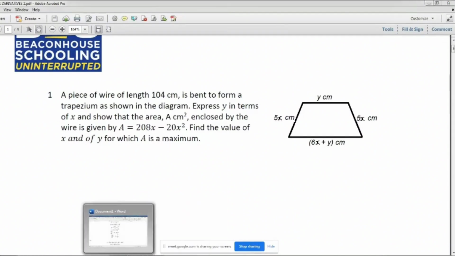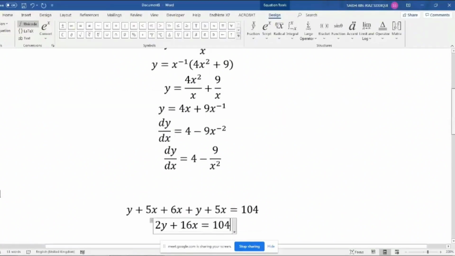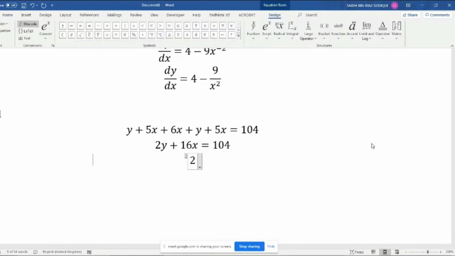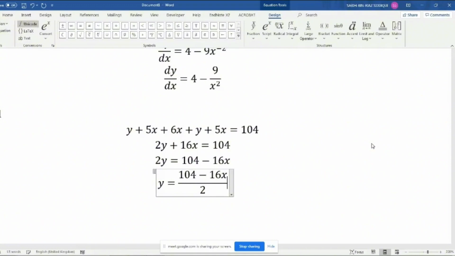So, yes, class. What will be the equation? Y in terms of x. 2y is equal to 104 minus 16x. And then y is equal to, simply divide, 104 minus 16x over 2.